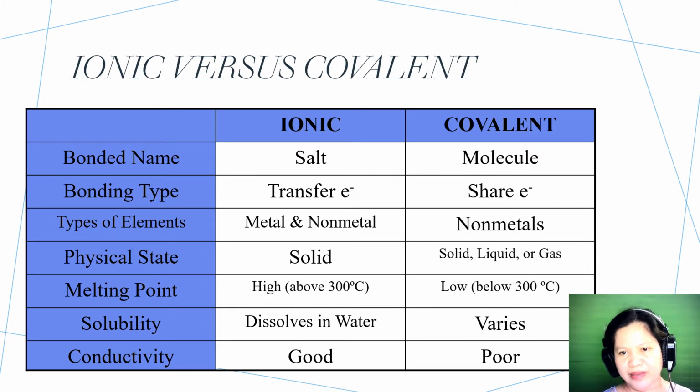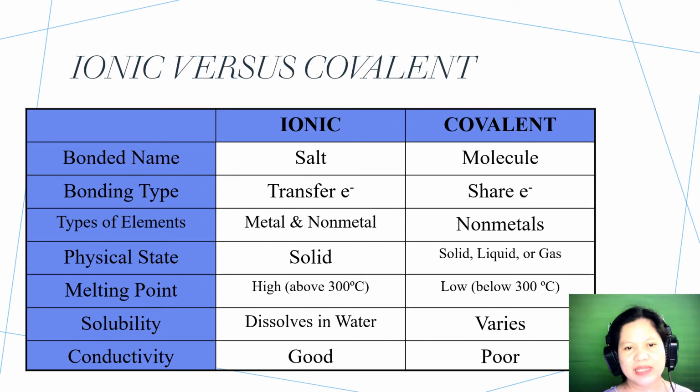So for covalent, it would be a molecule. Bonding type, there will be transfer of electrons, while for covalent, there is sharing of electrons. So types of elements, metal plus non-metal, while covalent, it is purely non-metals.